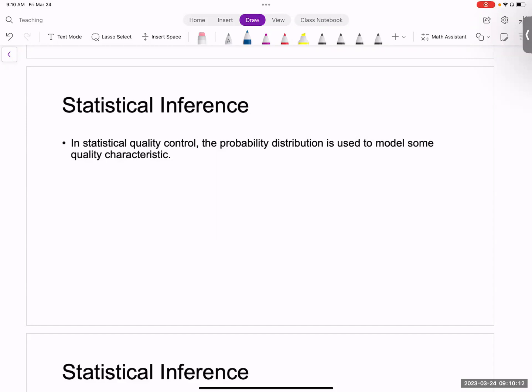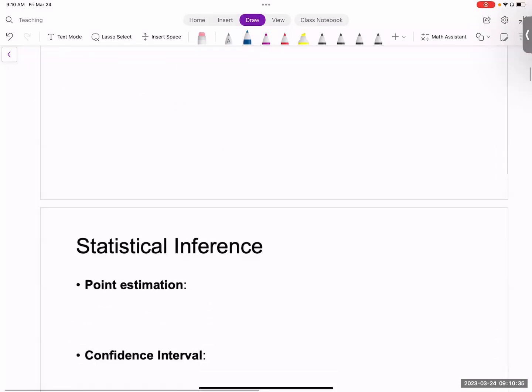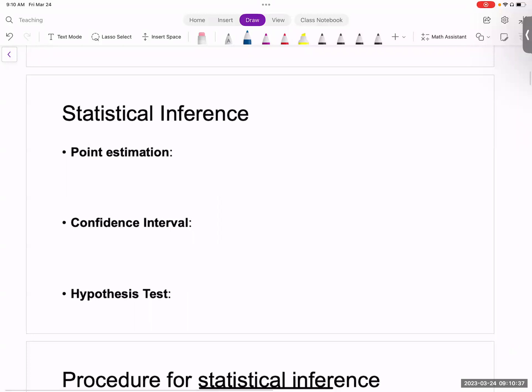And so whenever we collect some data, we're interested in identifying the probability distribution that the quality characteristic might follow. Not necessarily the probability distribution, but the parameters of the probability distribution. Think about sample mean, population mean, population variance, and things like that. Right, so let's take a quick introduction to these 3 methods, and then we'll dive into the details of each of them afterwards.